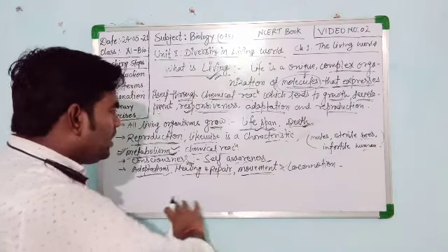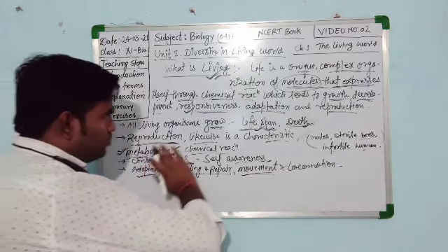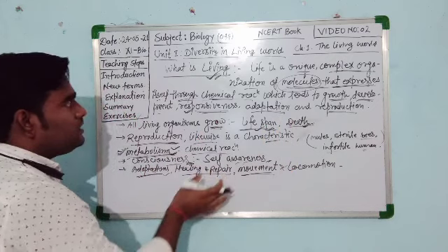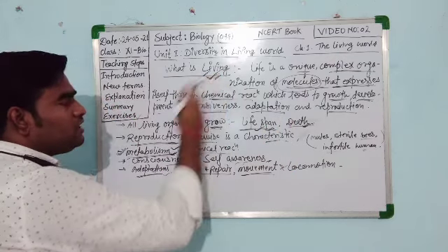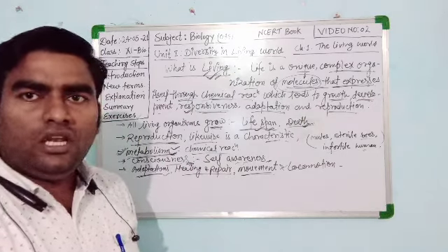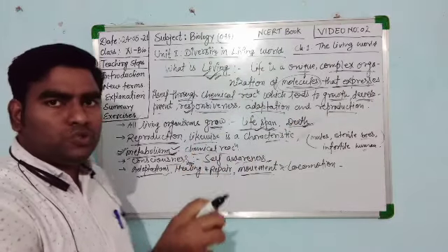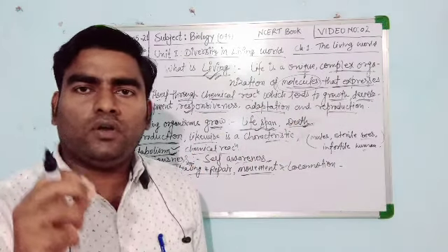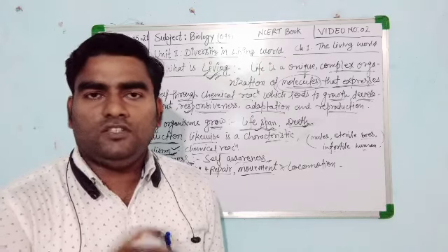So these are the characteristics of living beings. Living means having all these characters mixed together to form a living organism, either a unicellular organism or a multicellular organism.